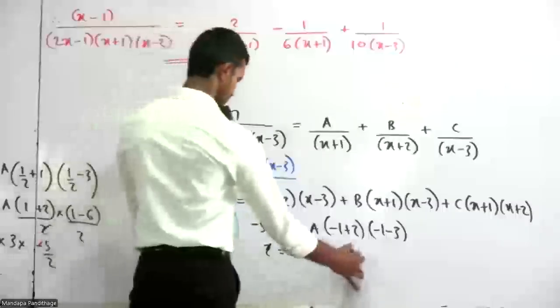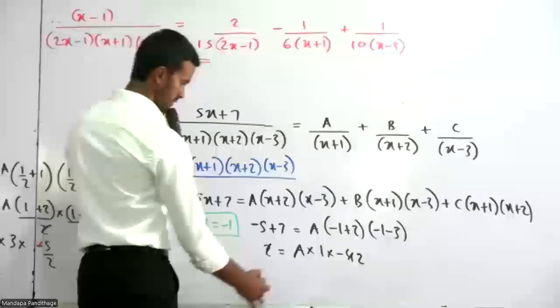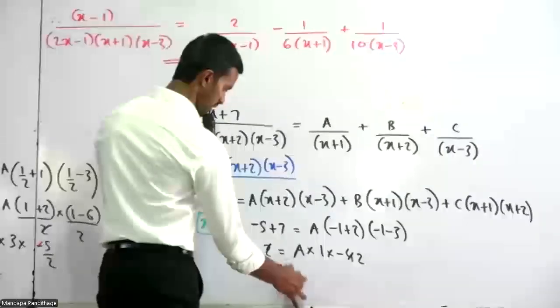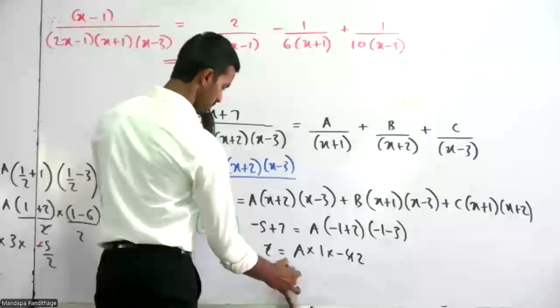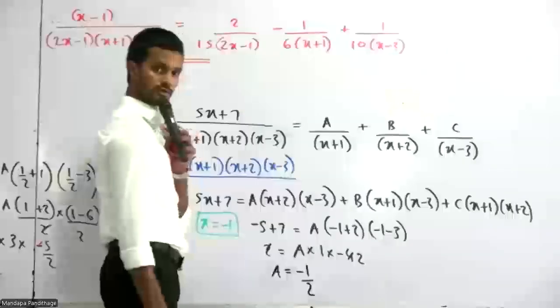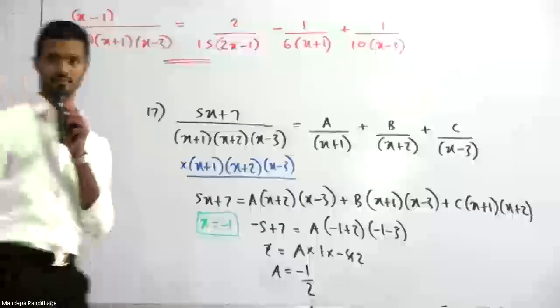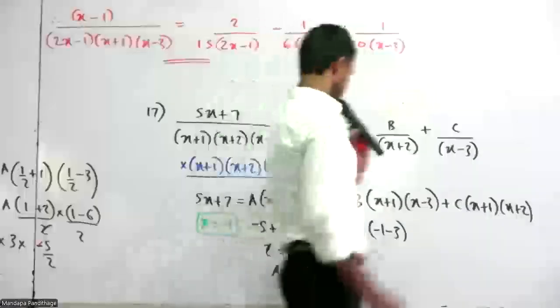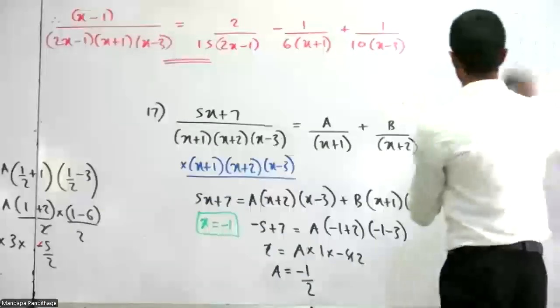So I get minus 2a, and when you simplify, a is equal to minus half.